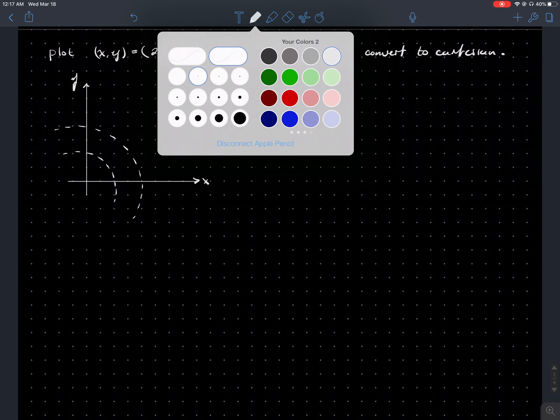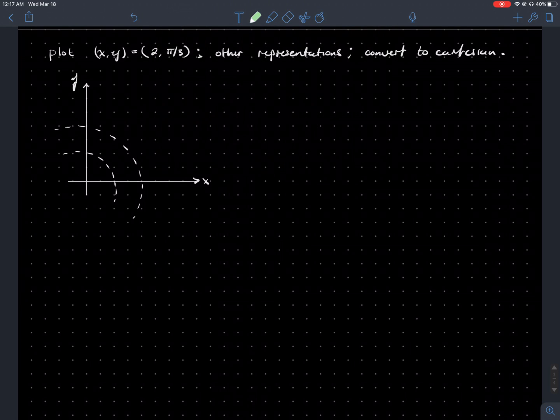And what we do is we extend out by 2 and we rotate up by pi thirds. So that is that point right there. Okay, actually, yeah, we can draw that line. Doesn't really matter. But either way, that is how we plot the point 2 comma pi thirds.